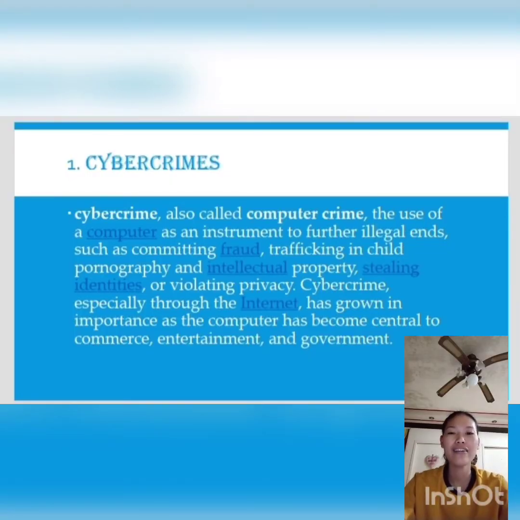And we will have number one, cybercrimes. Okay, cybercrime is also called computer crime, the use of a computer as an instrument to further illegal ends, such as committing fraud, trafficking in child pornography and intellectual property, stealing identities, or violating privacy.